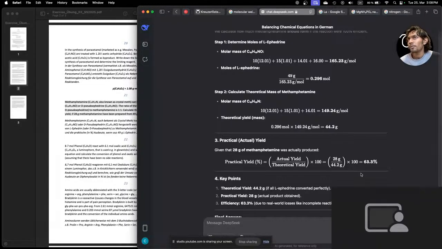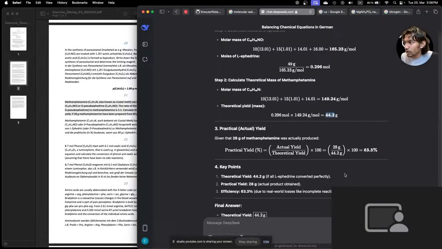So that means we got 63% of the methamphetamine we should be getting. Like 63 percent of 44.2 grams of methamphetamine. The loss is due to real world losses like incomplete reaction or purification steps.